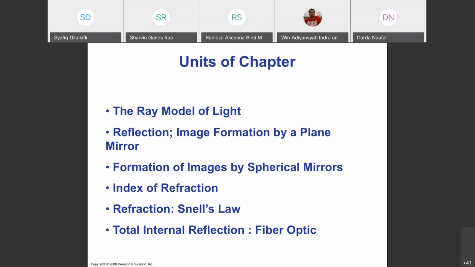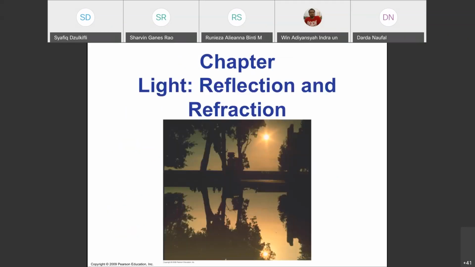But if you have any questions or problems, just let me know. So the last chapter here is on light, reflection, and refraction. This one and last week's chapter are definitely going to come for your final exam. So at least do all the exercises provided in the textbook.